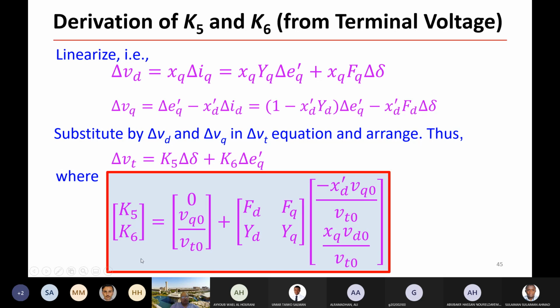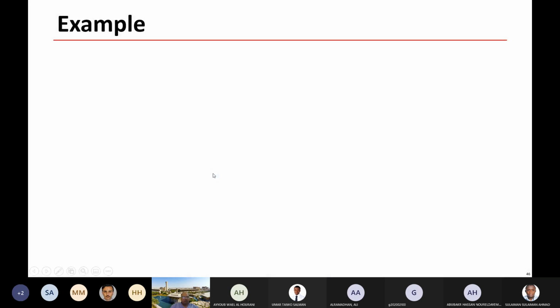So we can go back to the linearized system, and we can replace delta PE in terms of the states. We can replace also delta VT in terms of the states, and delta ID in terms of the states. So we can have the linearized model here.